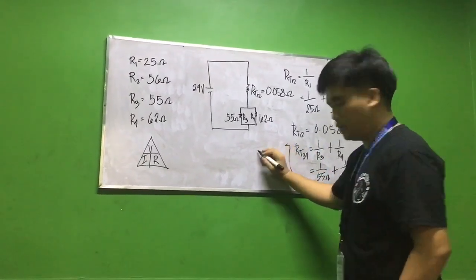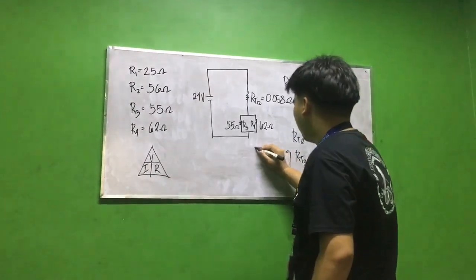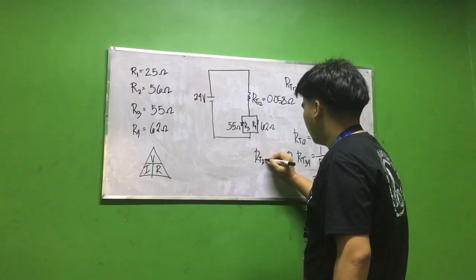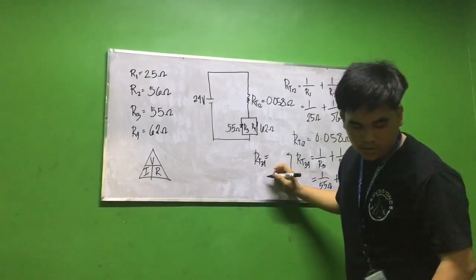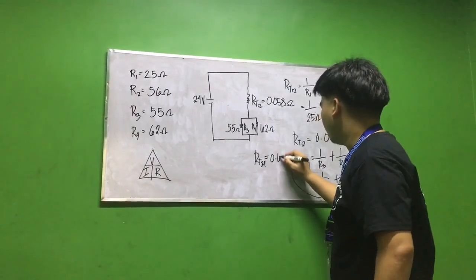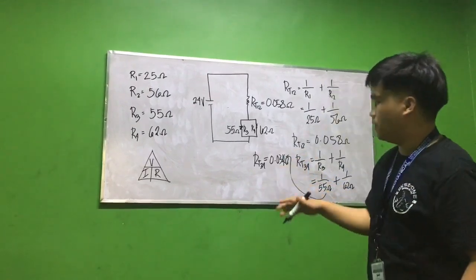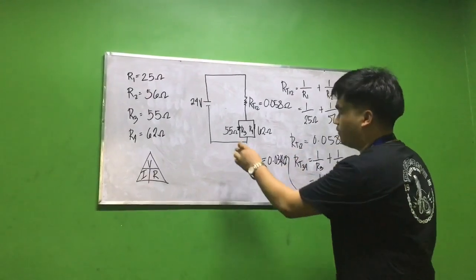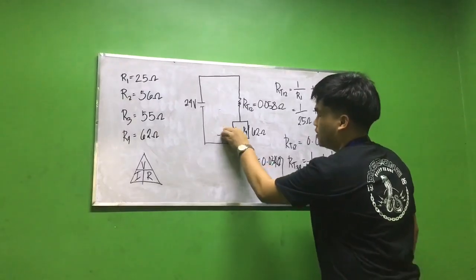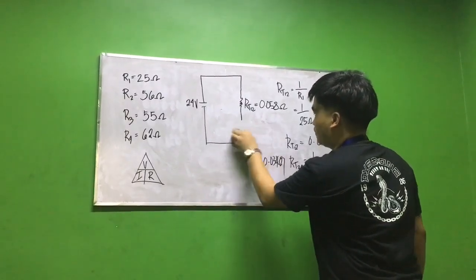So the total is 0.34 ohms. So now we have the total resistance of 3 and 4. Next we change the diagram.